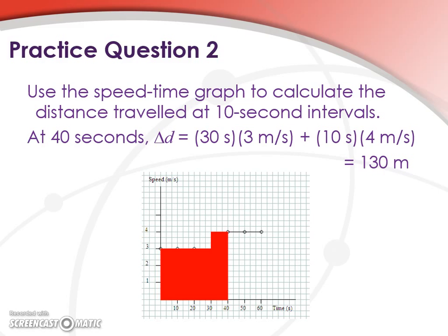So now we've got 10 seconds at 4 meters per second, 20 seconds at 4 meters per second, and 30 seconds at 4 meters per second. So her total is the total of those, you can say 6 rectangles or 2, depending on how you look at it. In this case, 2 rectangles to get us 210 meters as her distance traveled over 60 seconds.